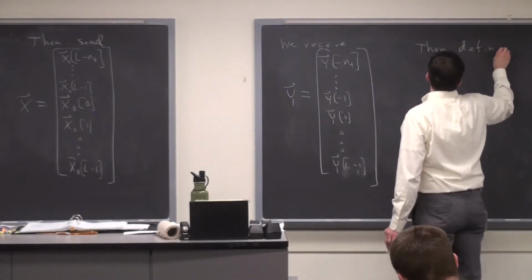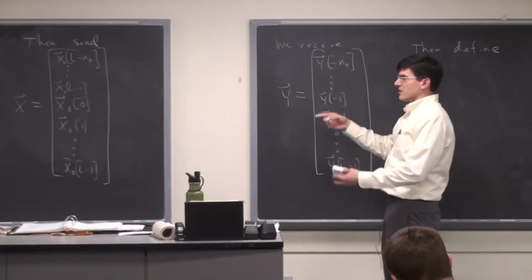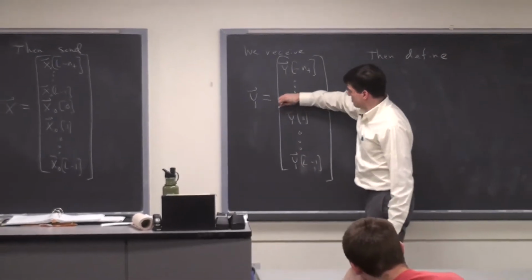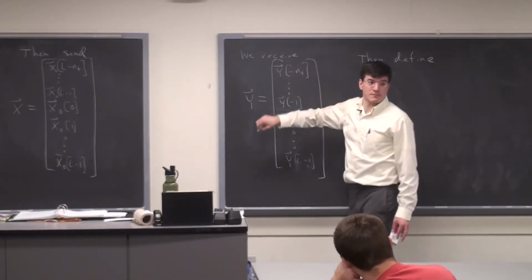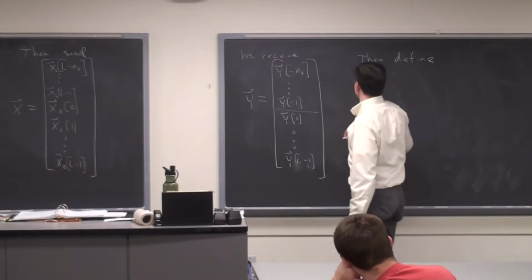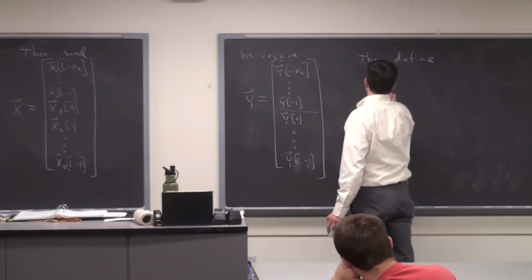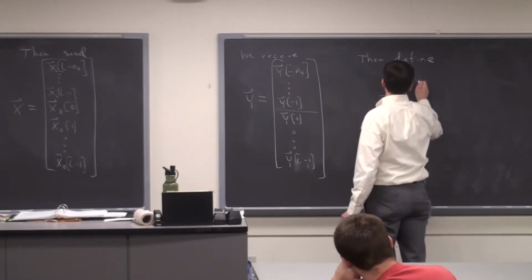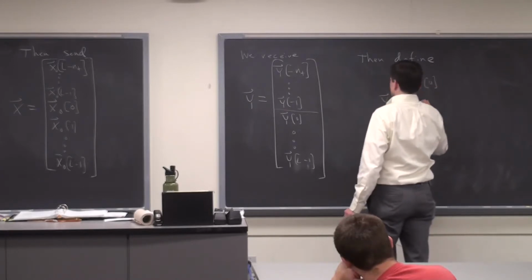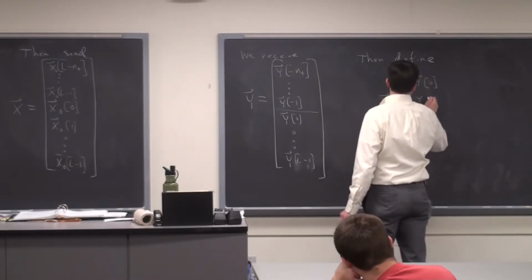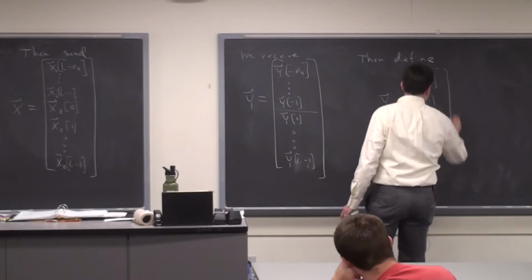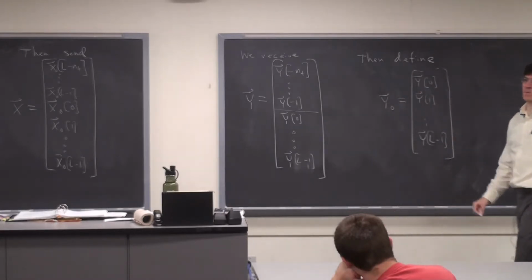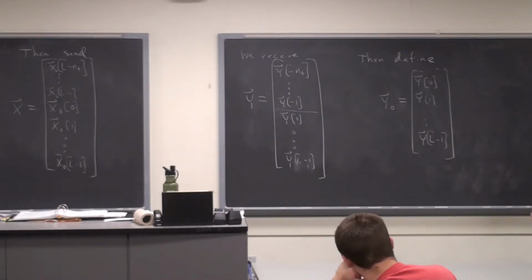Then, as in the LTI systems part where we talked about cyclic prefixes to begin with, the receiver just drops these first samples. Just ignore them. Get rid of them. So define y0 to be the remaining samples, y0, y1, up to y L minus 1.